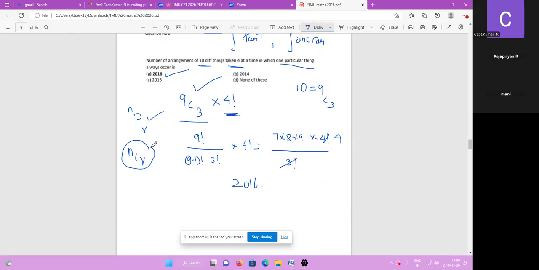In choosing, that does not matter; you can choose any 4, not a problem. Permutation means the order you are taking is very important, so in that formula this may not come. So practice problems in nPr and n choose r.